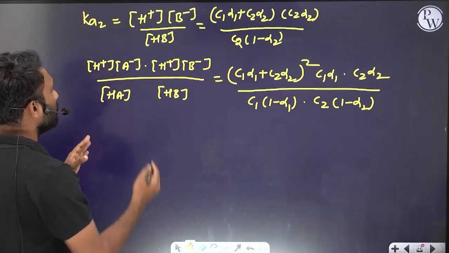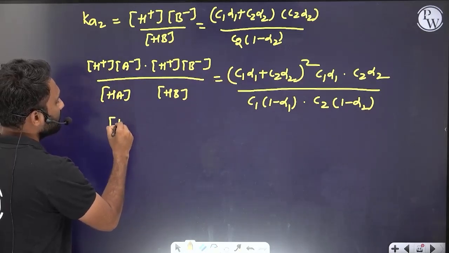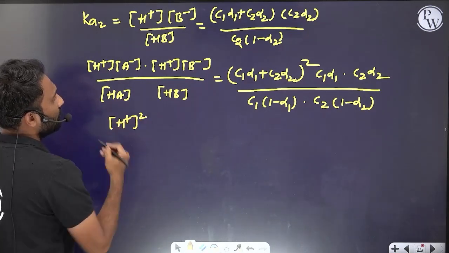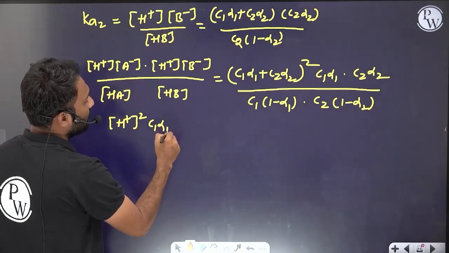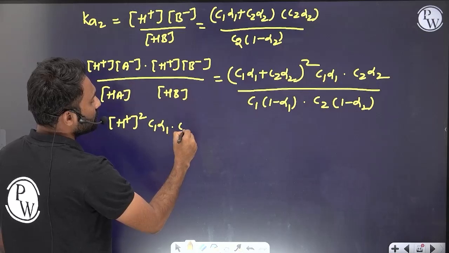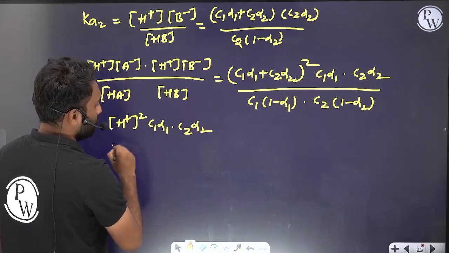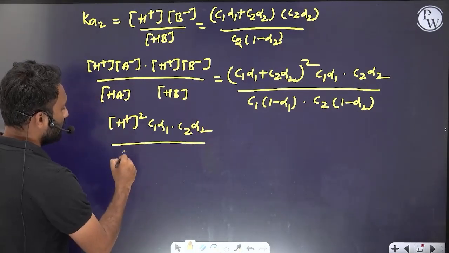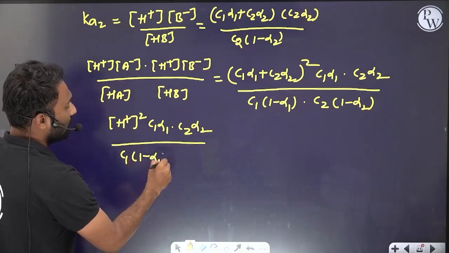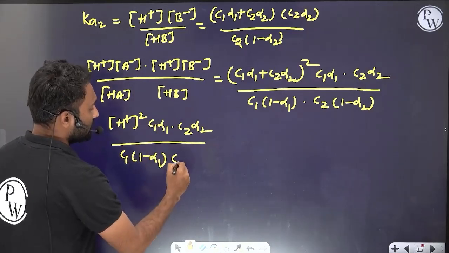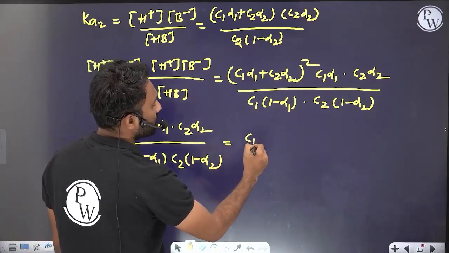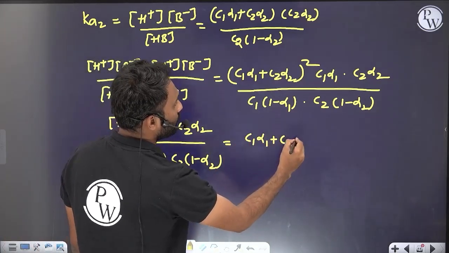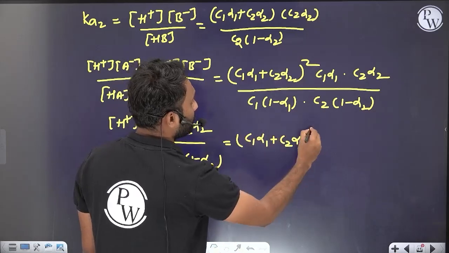For this one also you can write the concentration of H plus whole square, the concentration of A is C1 alpha 1, the concentration of B is C2 alpha 2, the concentration of HA is C1 (1 minus alpha 1), and the concentration of HB is C2 (1 minus alpha 2), equal to (C1 alpha 1 plus C2 alpha 2) whole square.